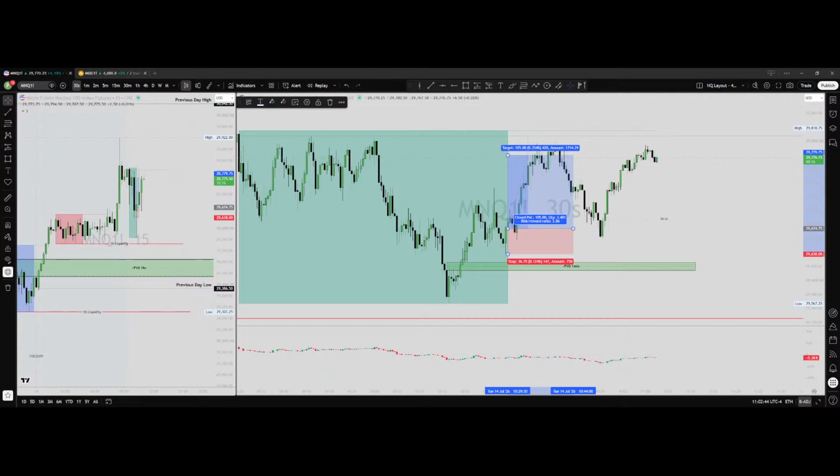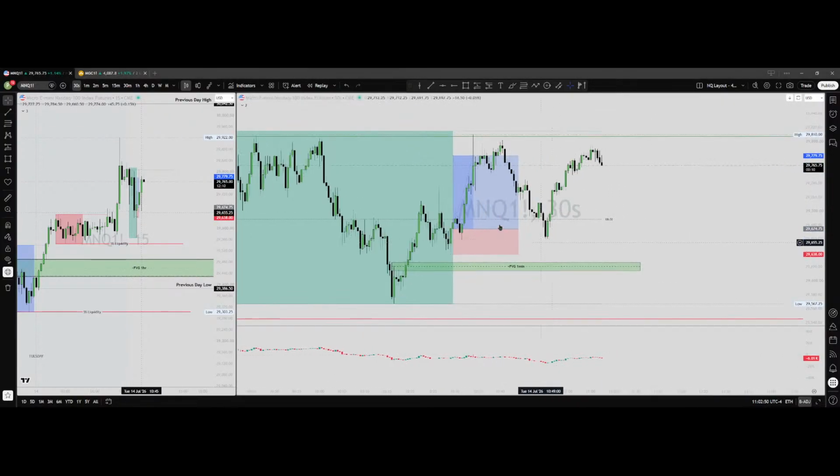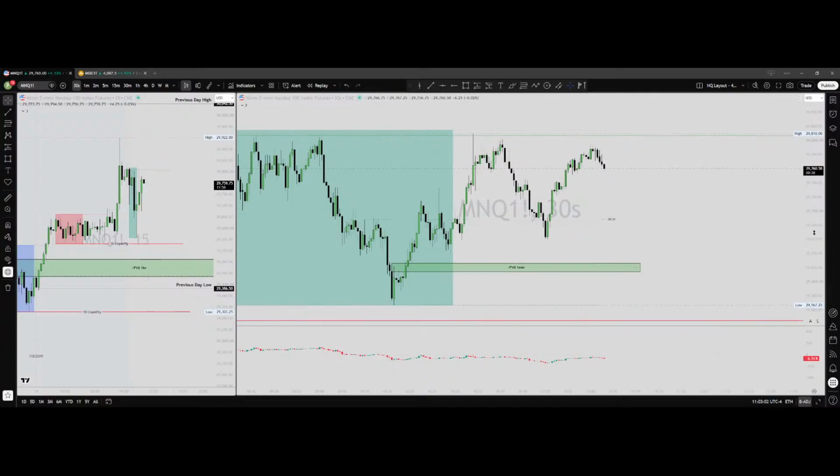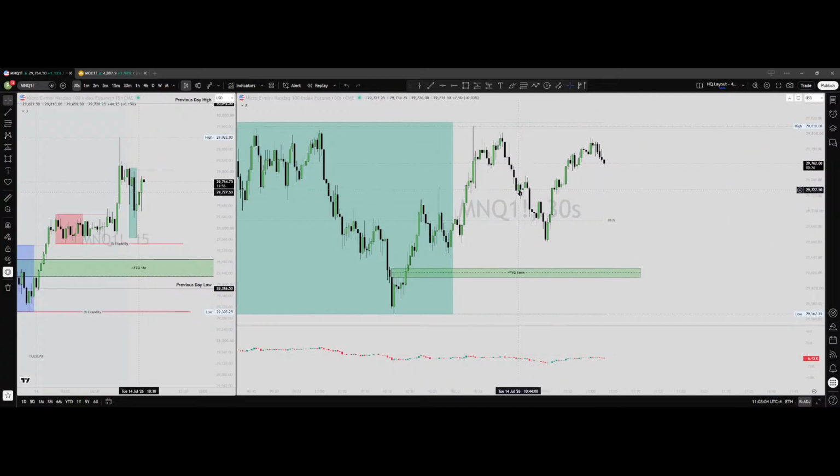Okay, I need another screen now. This 30-second was pretty good as well. But look at this, I was waiting for this breaker block to tap into this. Here we got a liquidity sweep, V-shaped rejection, but this was the first signal, which failed.